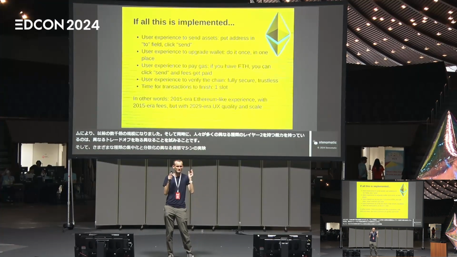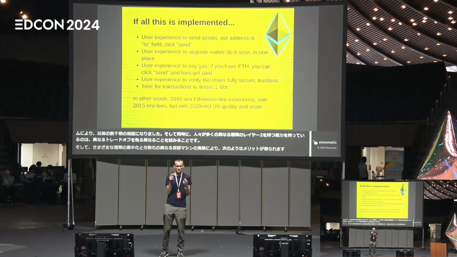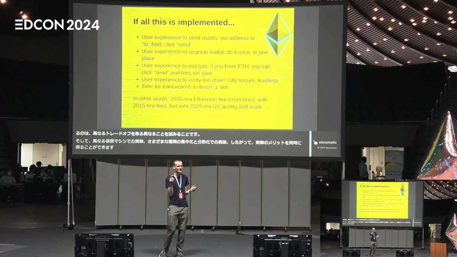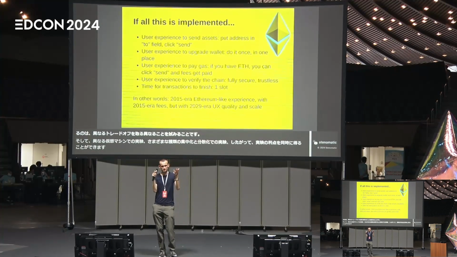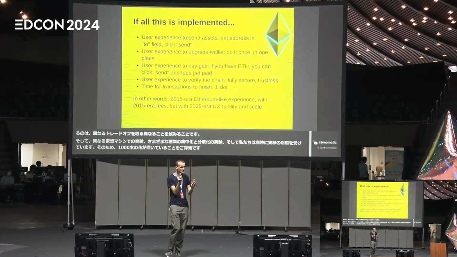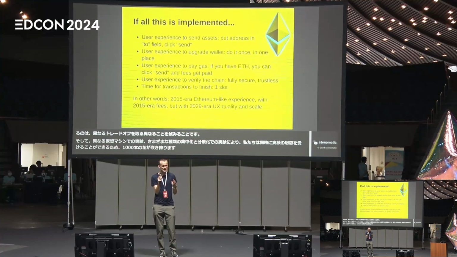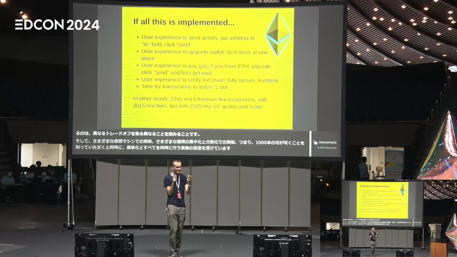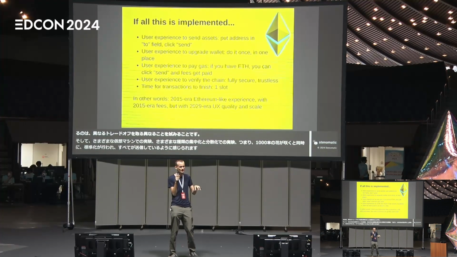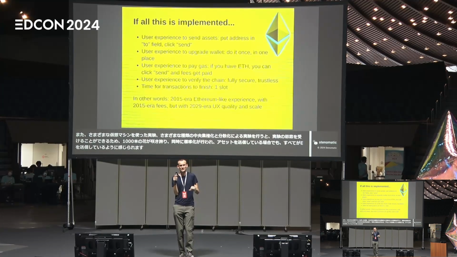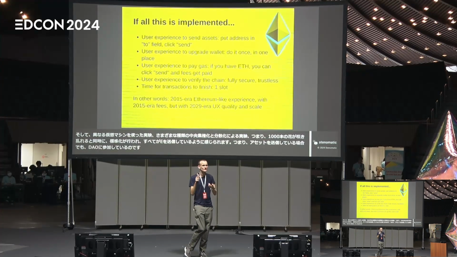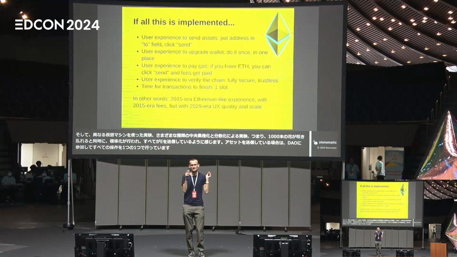And so we get the benefit of experimentation at the same time, right? So we have 1,000 flowers blooming, and at the same time, we have standardization, and everything still feels like you're sending ETH, you're sending assets, you're participating in DAOs, doing all of your operations within one single great Ethereum ecosystem.